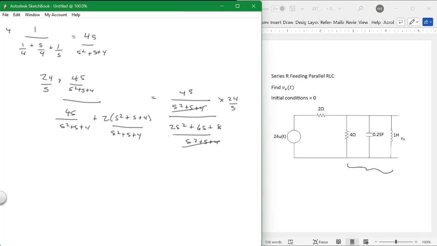This is what I've got left. This S cancels with this S. So now I've got 96, 4 times 24 is 96, over 2S squared plus 6S plus 8.